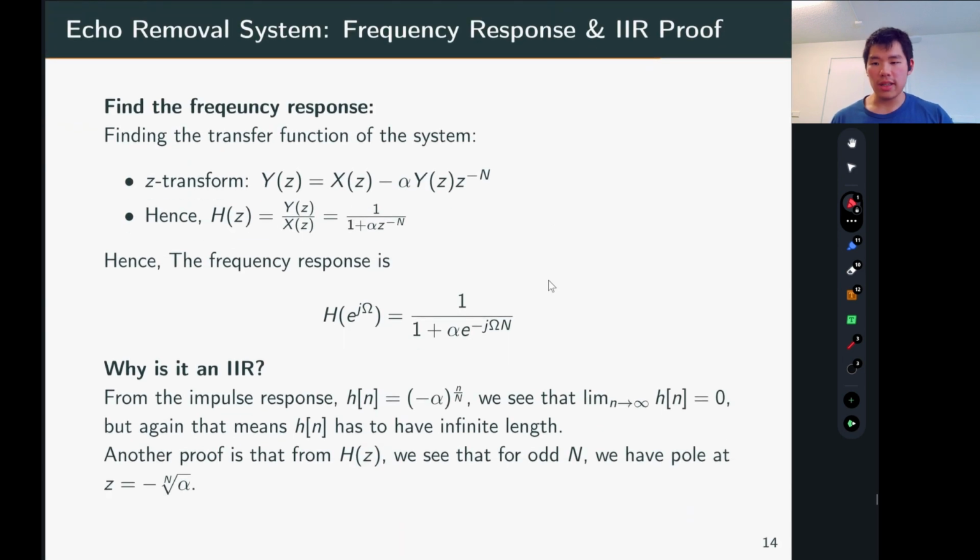Another proof is that for odd capital N, we have a pole at minus the Nth root of alpha. So that means it has roots other than 0 and infinity.